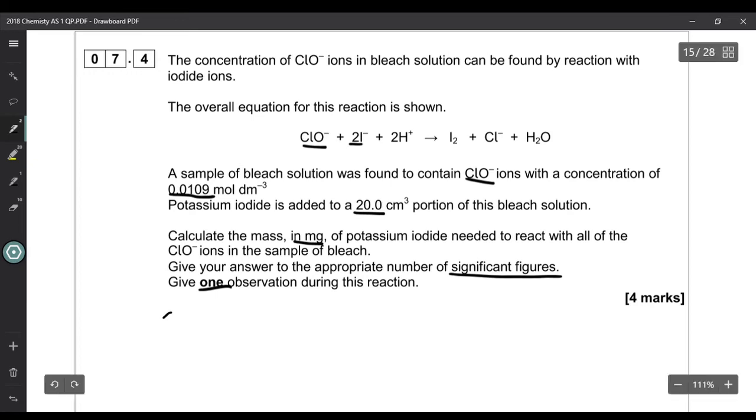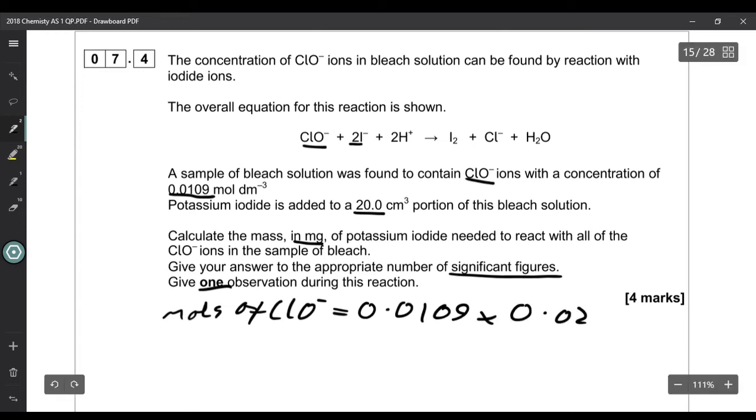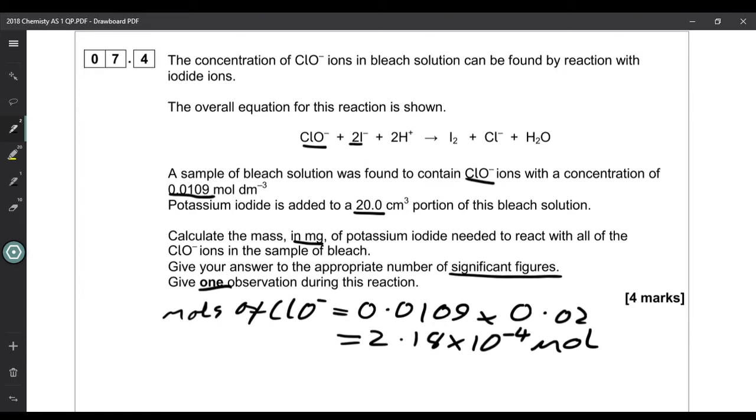So the number of moles in that volume is just our concentration, which is 0.0109 times by our volume, which is 0.02, remembering to convert from cubic centimeters, and that gives us an answer of 2.18 times by 10 to the minus 4 moles in that 20 cubic centimeter portion.